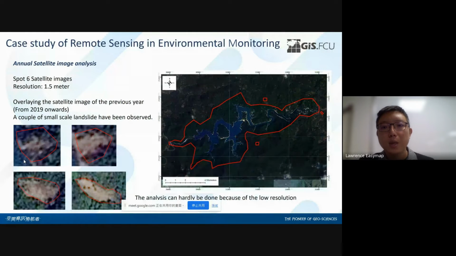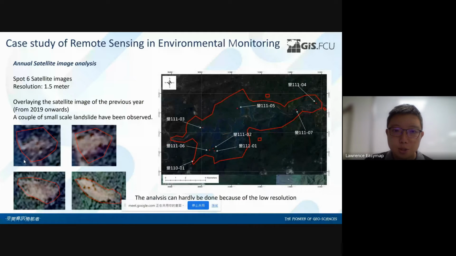First of all, I want to talk about the satellite images that we used. We used the SOS4 satellite images with a resolution of around 1.5 meters. That means the length of each pixel is around 1.5 meters. We compare the satellite images annually, starting from the year 2019 and onwards. So we compare different areas and see if there is any land change.